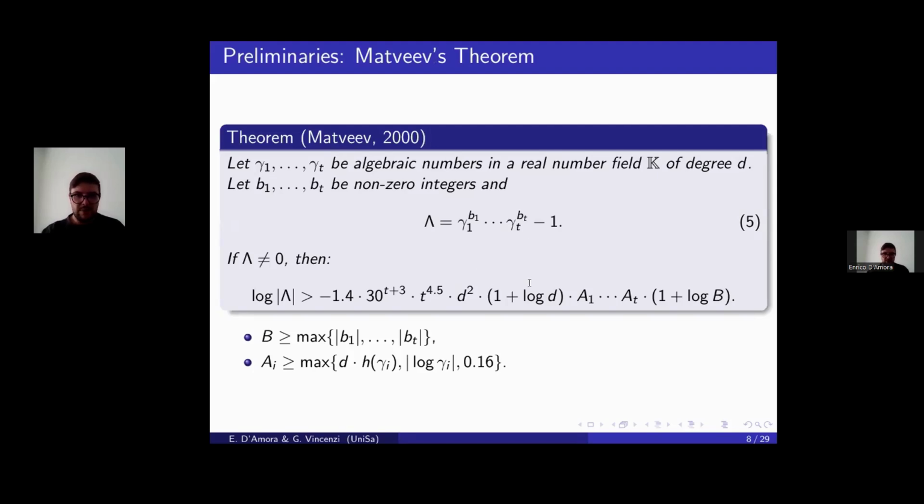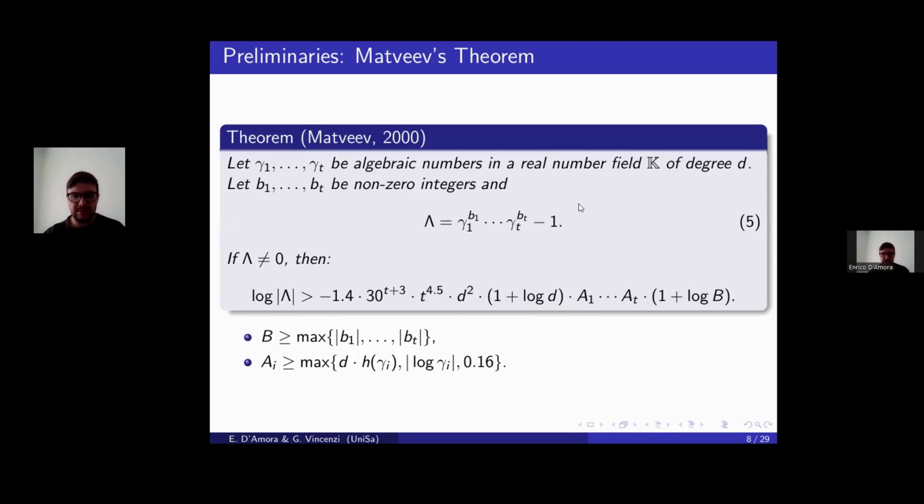In this lower bound, A_1, A, T, and B appear, which are defined here in these two points. But why will we use this theorem? Thanks to it, we can find an upper bound on the variables n, m, and l of our equation. But this bound is too large.